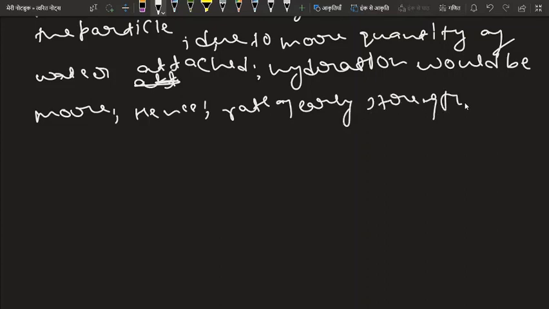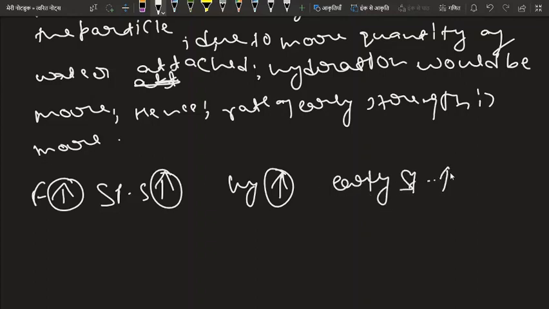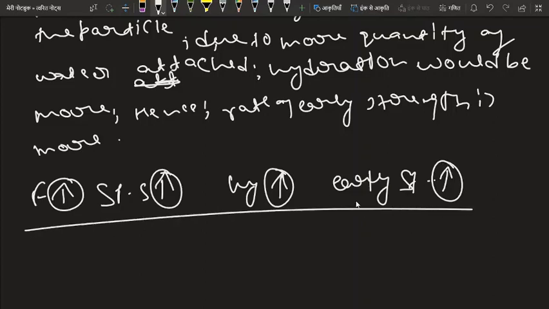This is all about it. If fineness is more, then specific surface is more. If specific surface is more, then hydration would be more. If hydration is more, then early strength would be more.